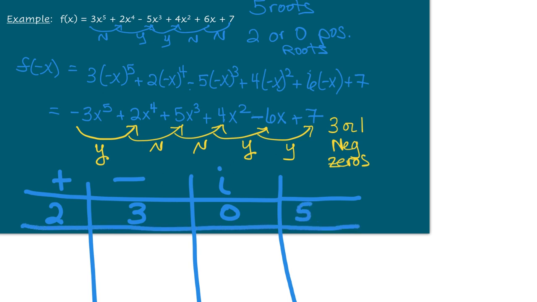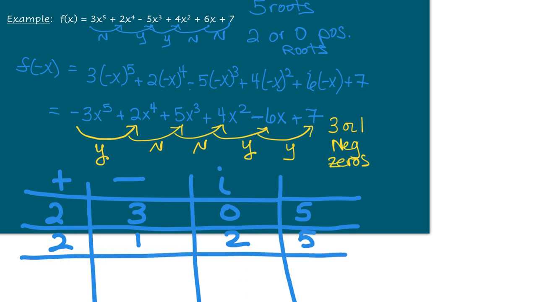If I have 2 positive roots and 1 negative, then I've taken up 3, I can have 2 imaginary, so that gives me 5. If I have 0 positive and 3 negative, then I can have 2 imaginary, so there's my 5.